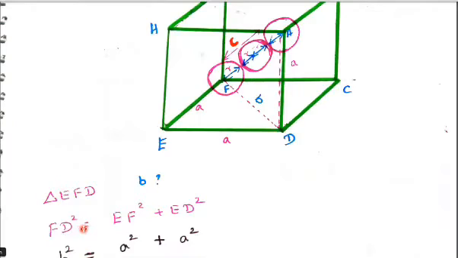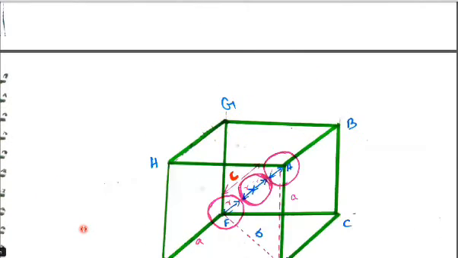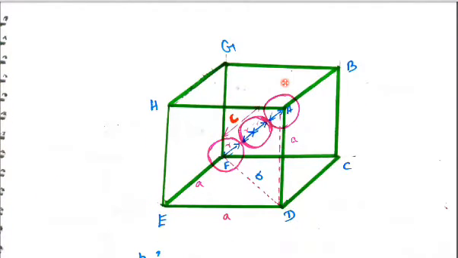Next we are going to see the BCC structure, the body centered cubic. In this body centered cubic, the 4 corners have 4 atoms, and these 4 corners have 4 atoms.